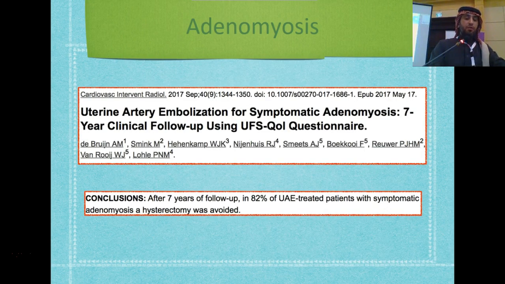This is a new study also, from a Dutch group: uterine artery embolization for symptomatic adenomyosis, 7 years follow-up. Interestingly, it shows that after 7 years of follow-up, in 82% of uterine artery embolization treated patients, hysterectomy is avoided.